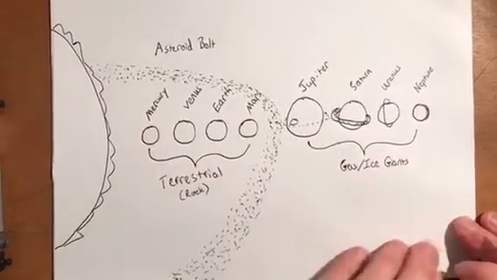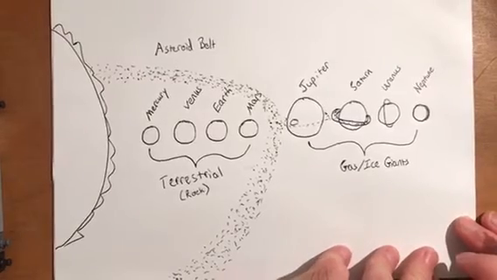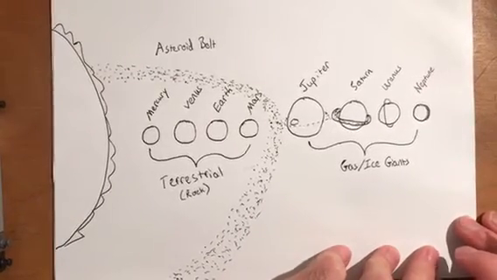Beyond the outer planets, we get to what's known as the Kuiper Belt.